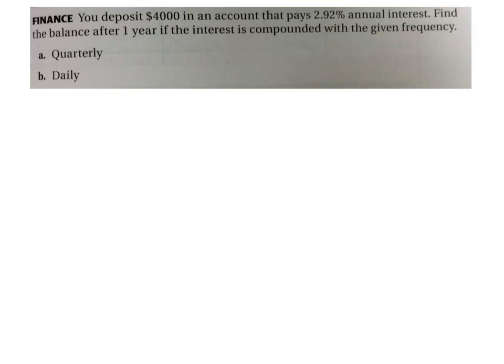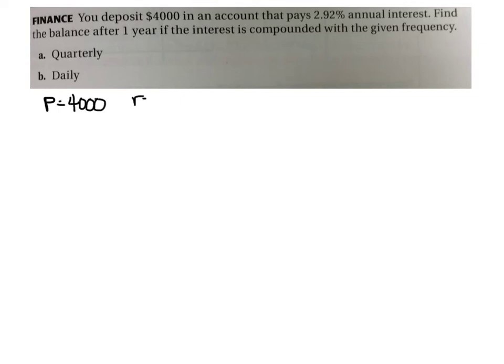So let's see that in action. You deposit $4,000 into an account that pays 2.92% annual interest. Find the balance after 1 year if the interest is compounded with the given frequency. Okay, so what's the principal? What's P? P equals 4,000. That's the amount that we invested.